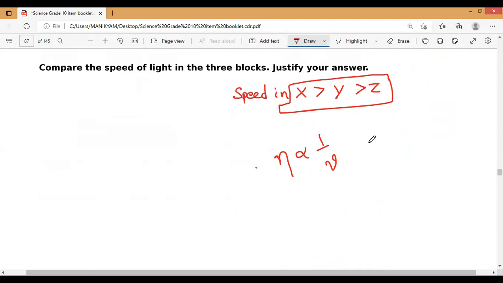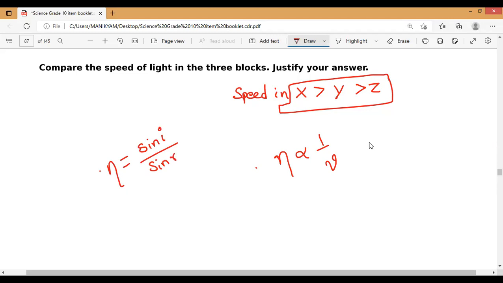According to Snell's law, observe very carefully. What is Snell's law? Sin i divided by sin r equals the refractive index, which is a constant. Is it yes or no?